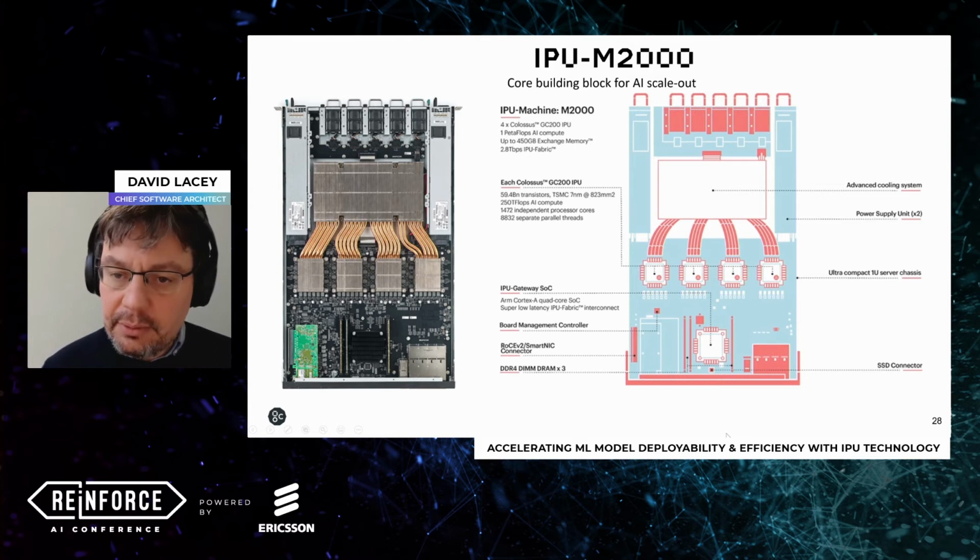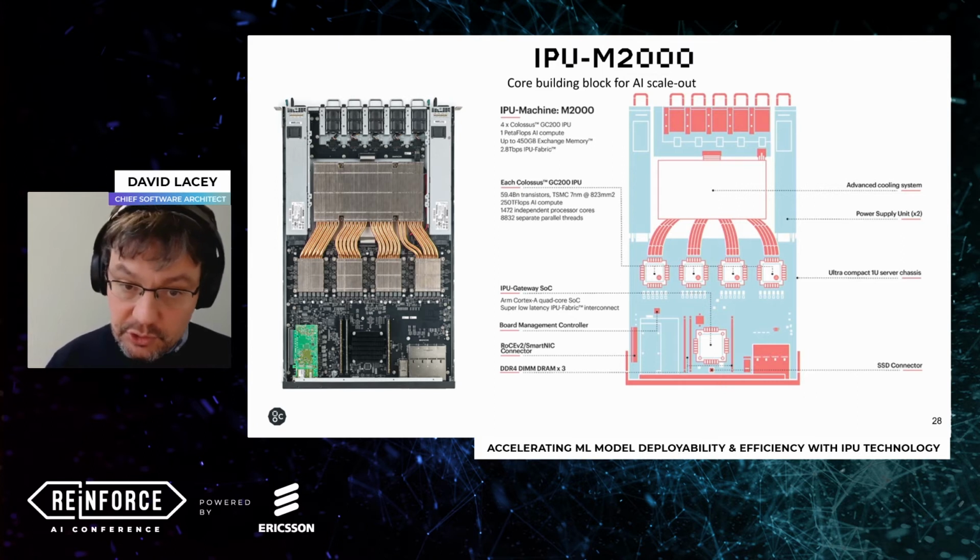Connecting those IPUs to the rest of the world is this gateway SoC, which actually has an ARM processor on it, and also has custom hardware to do basically communication routing for getting the various communication fabrics to talk to each other.